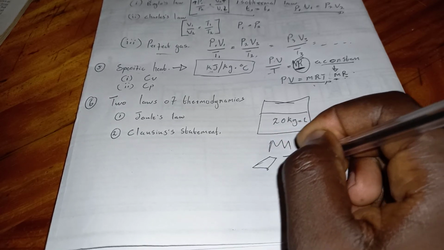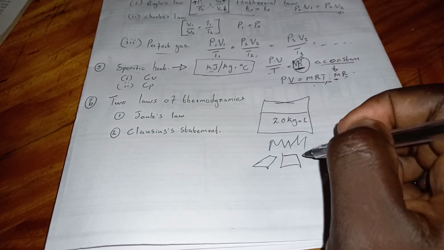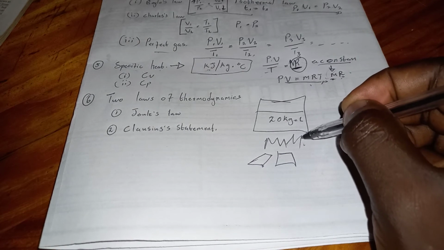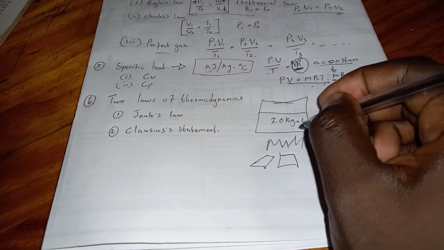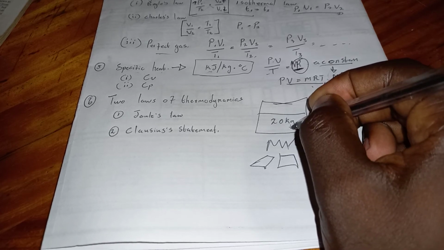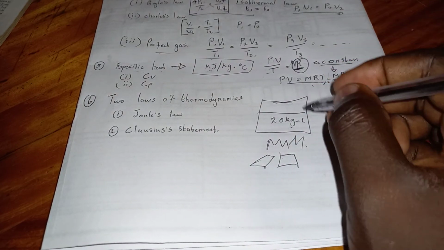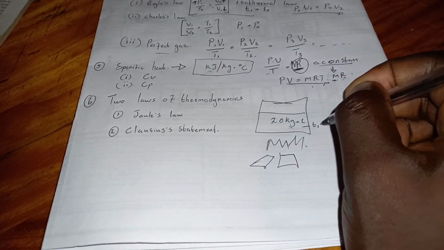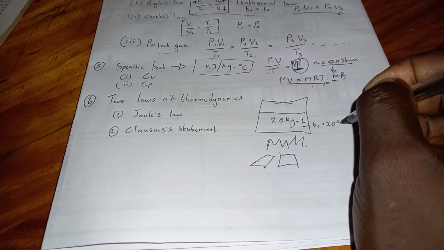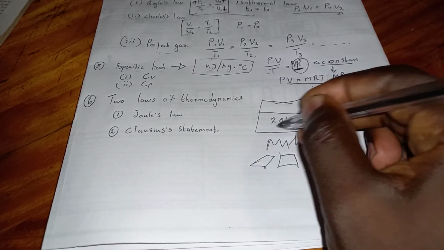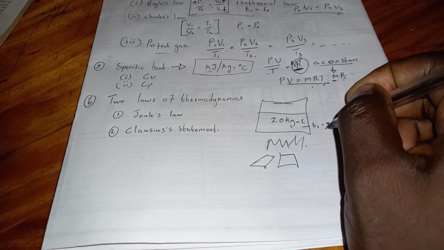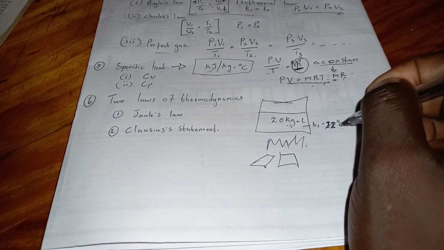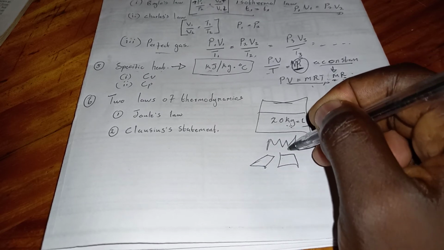When we talk about the specific heat capacity, we're talking about the energy you will need to raise the temperature of this water by 1 degree Celsius. Let's say the initial temperature of this water is 22 degrees Celsius, and then you are heating with the firewood.